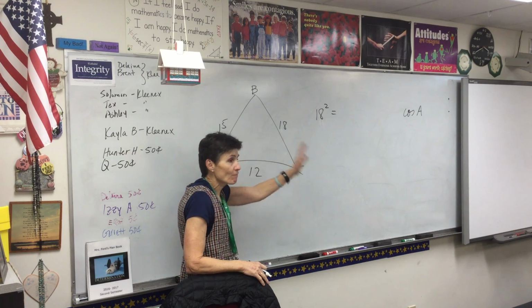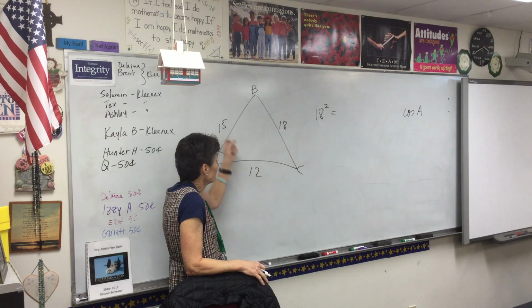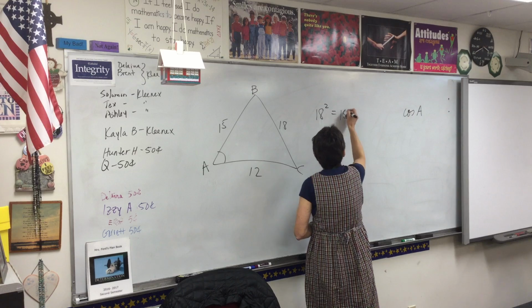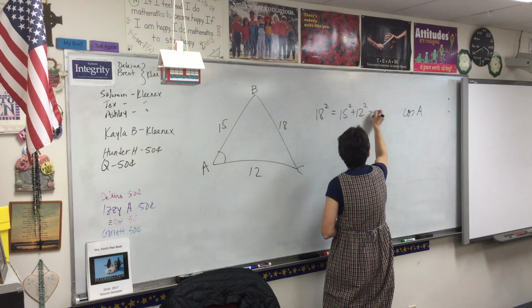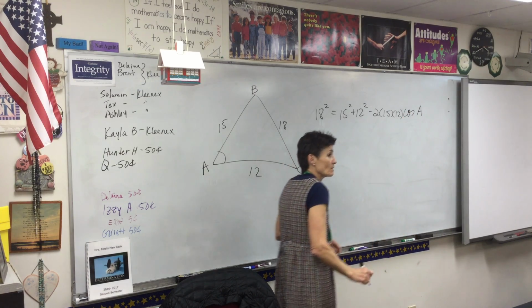And then everything in the middle is a combination of 15 and 12. So 15 squared plus 12 squared minus 2 times 15 times 12 times cosine A.